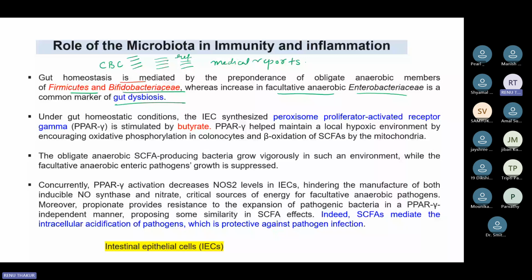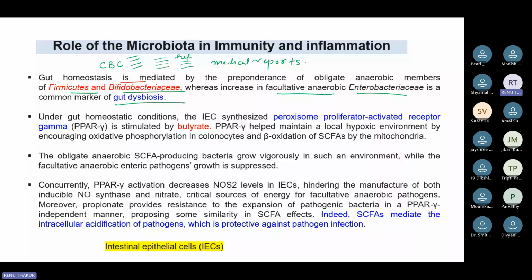What do they mean? If I say obligate anaerobic, it will not grow in the presence of even a little bit of oxygen.